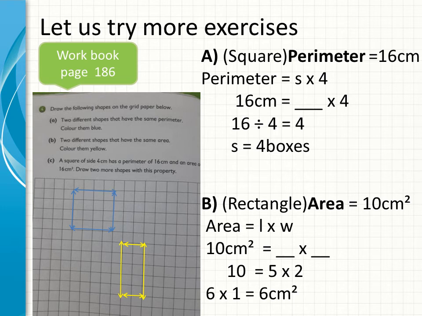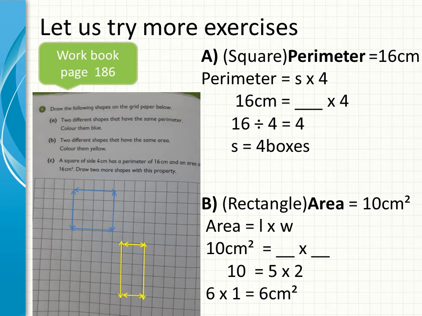Now for C, it says a square has a side of 4 centimeters and the perimeter is 16. You know, 4 times 4 is 16. That's side times 4. Now, the area of that square is 16 square centimeter. Now, draw any shape of your own choice.